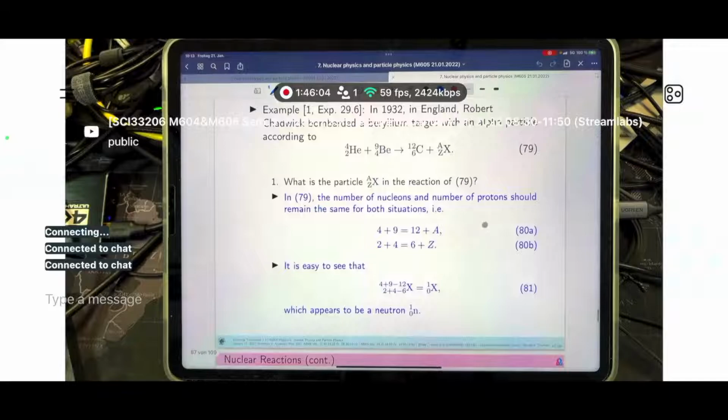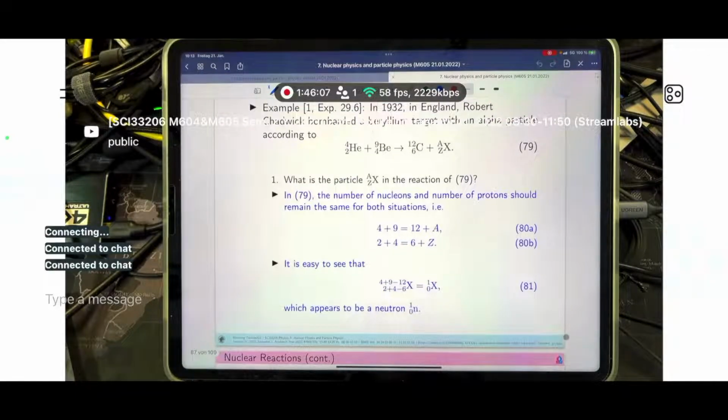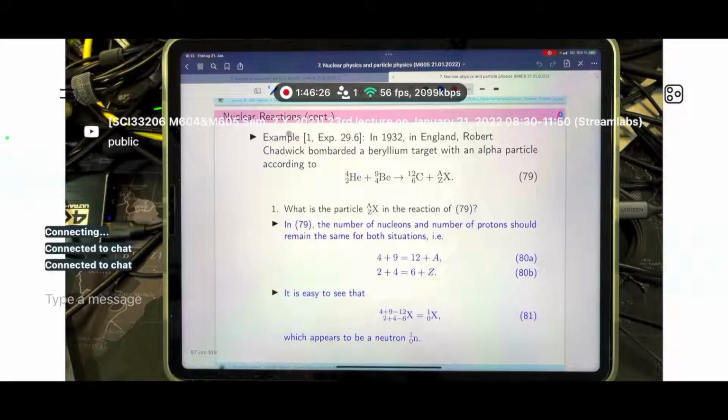We arrive at page 87. Next, in this example, which is taken from book number 1, example 29.6, the basic thing is to balance the reaction process.